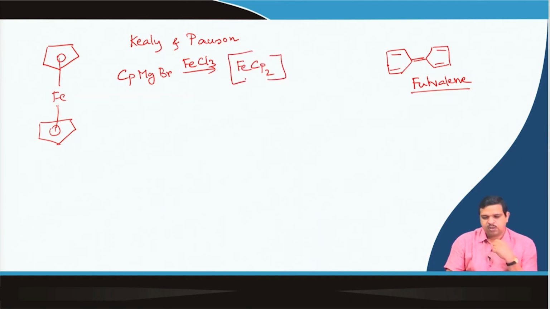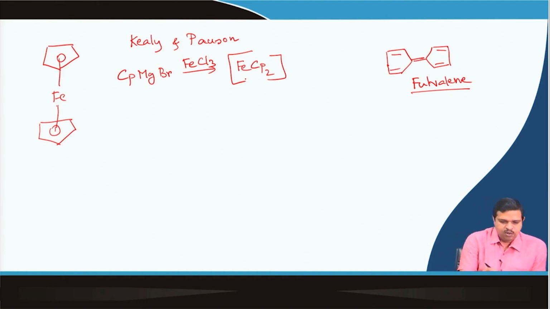It was very difficult at that time to understand, because the model to explain metal pi complexes was not well known then. So with this composition, they thought there might be possibilities of this type of complex.